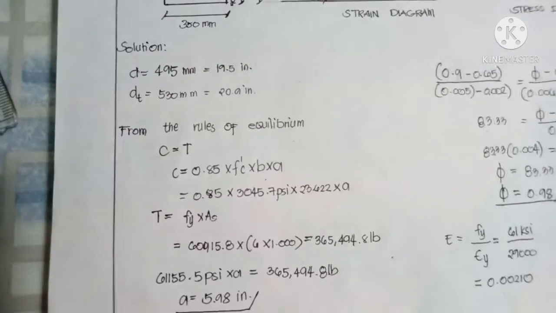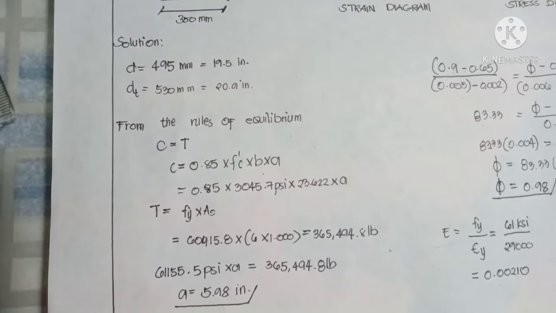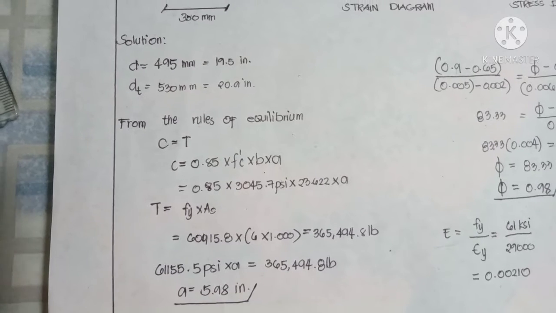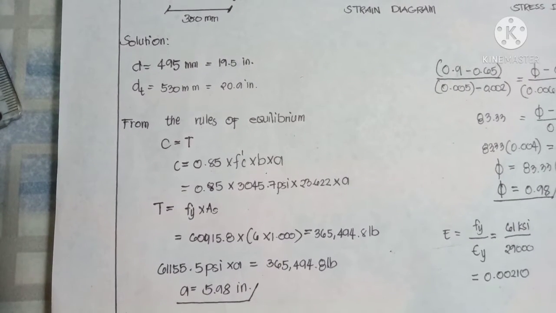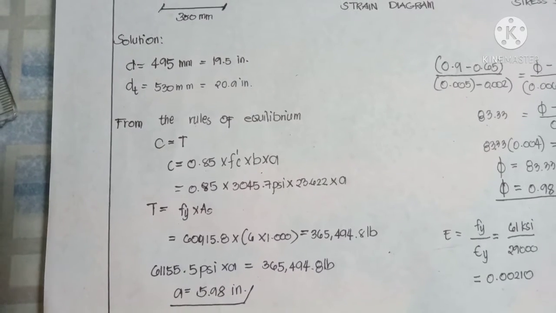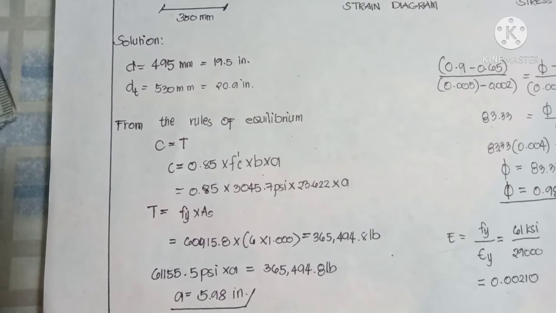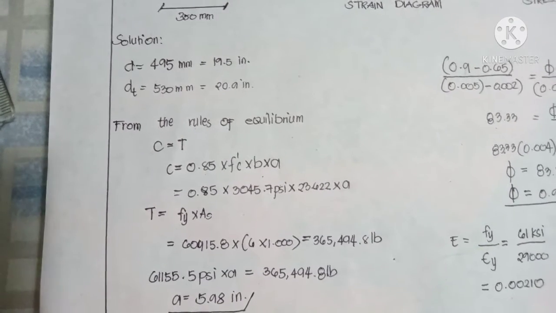By simply analyzing the diagram, we have the value of d as 495 mm or 19.5 inches, and the value of dt as 530 mm or 20.9 inches.